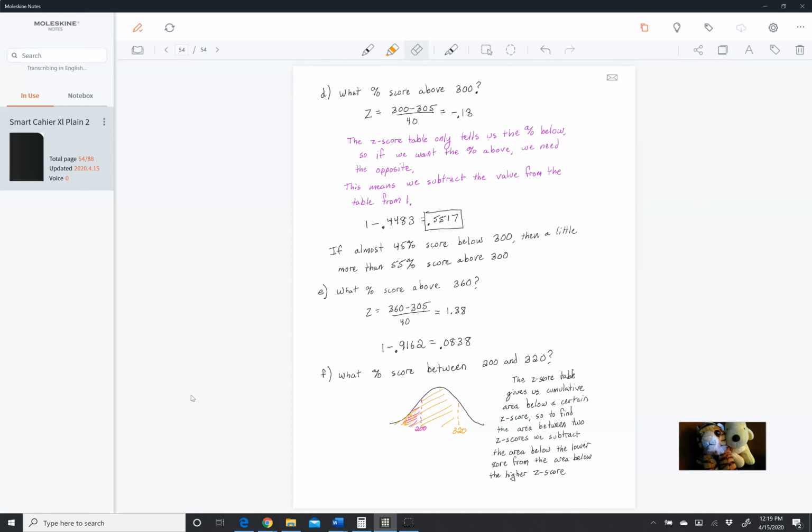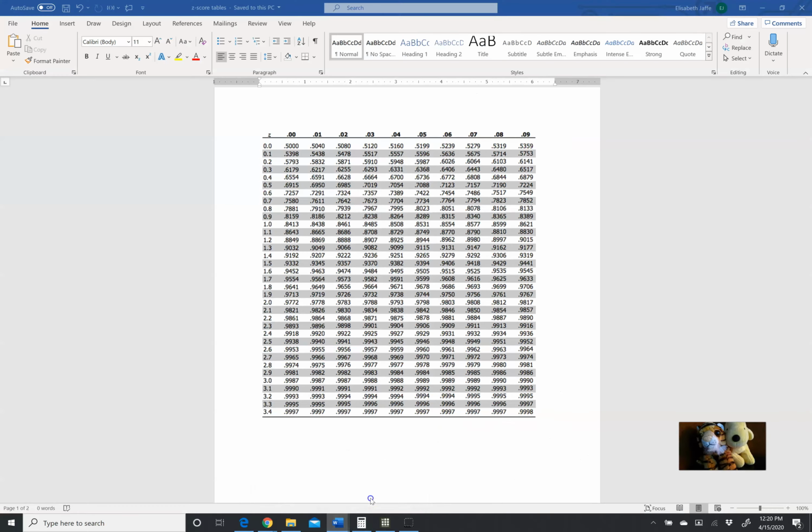So in other words, we're going to find the z-score for 200. Sorry, I don't know why I keep forgetting the c's. So we do 200 minus 305 over 40. And we actually did this. This was 2.63. Okay, we're going to go to our table and find the 2.63 again.